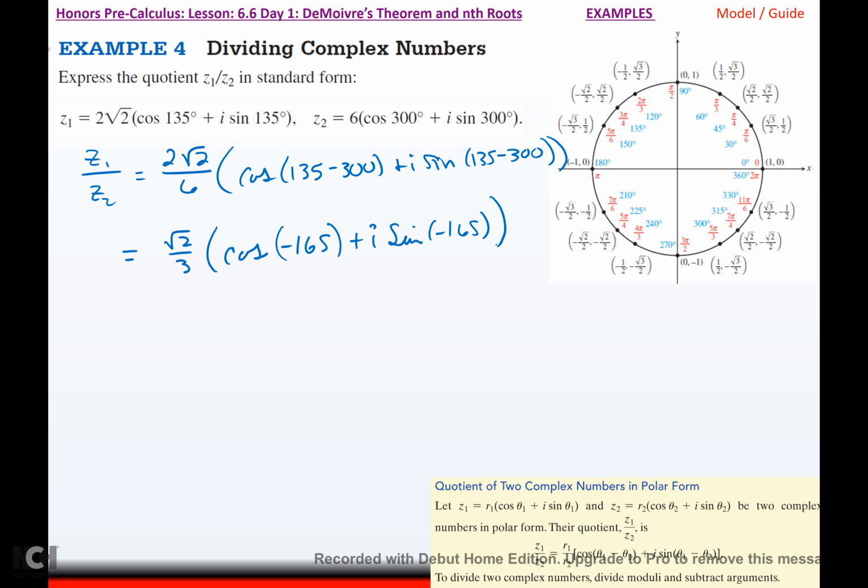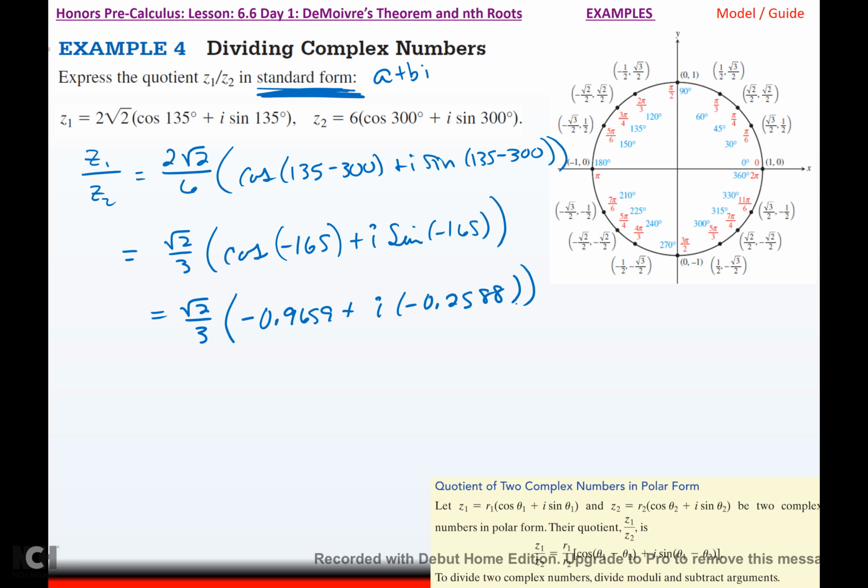Yeah. And they didn't ask that. Oh yeah, they did. They want it in standard form, which means a plus bi. So I actually have to do this. So that's going to give me the square root of 2 over 3 times cosine of negative 165, which is negative 0.9659, plus i times sine of negative 165, which is negative 0.2588.